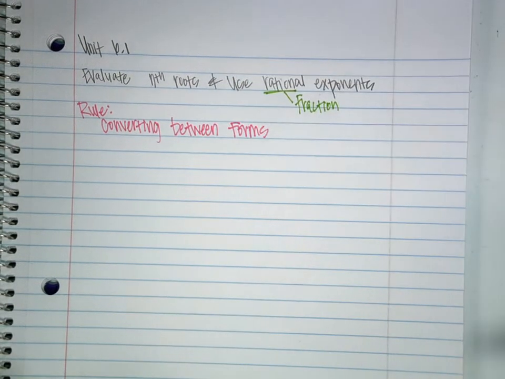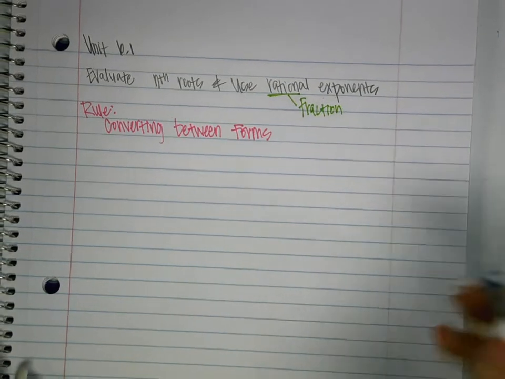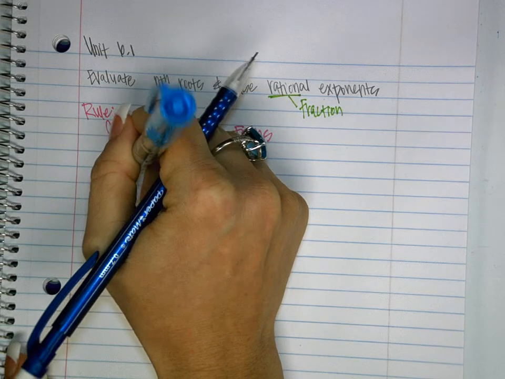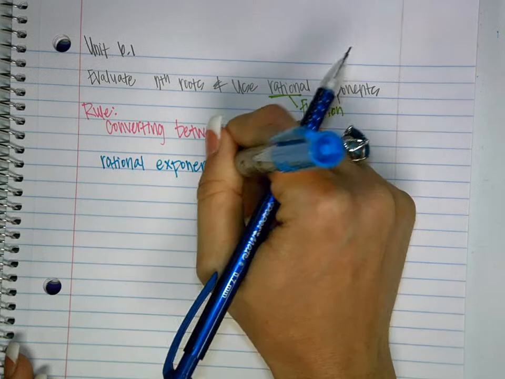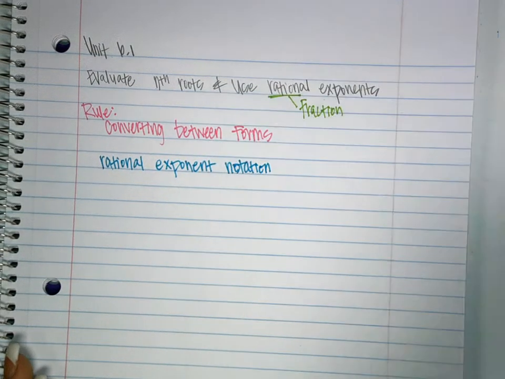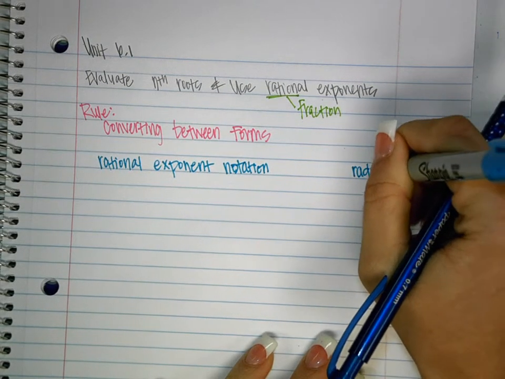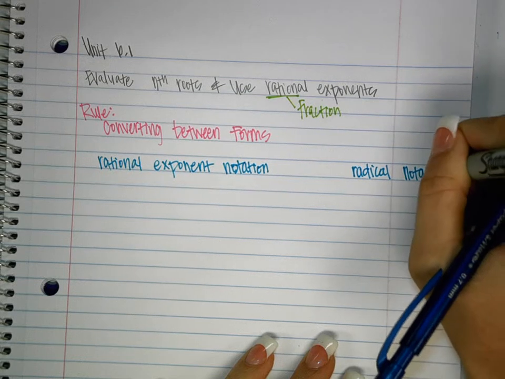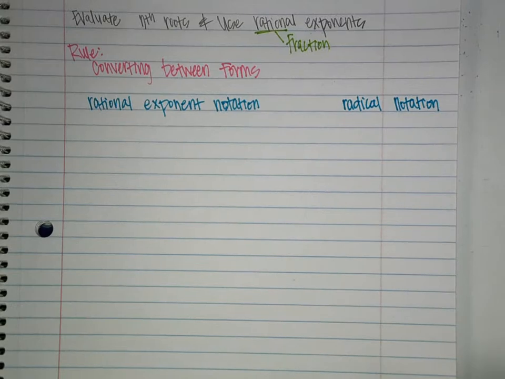We are going to be converting between two different forms here: rational exponent notation, and we're going to be converting to radical notation. It'll make a little more sense once we get into this.